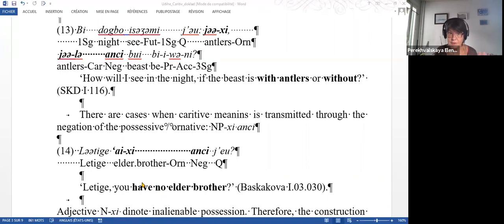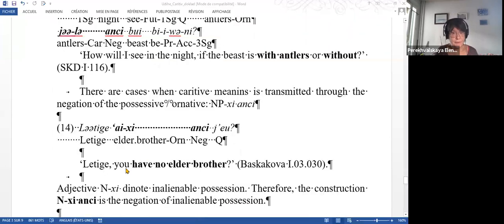So it is not a mistake. This construction exists, not with the form la, but with the form he. So this is: you are without, you have no elder brother. Question.